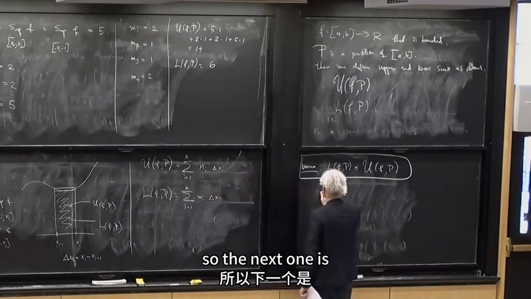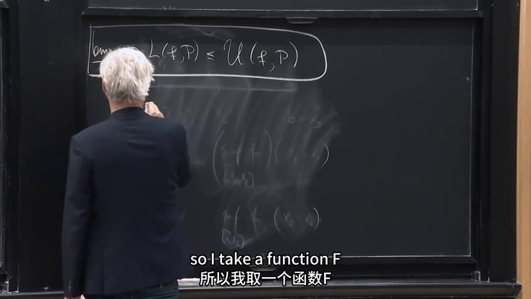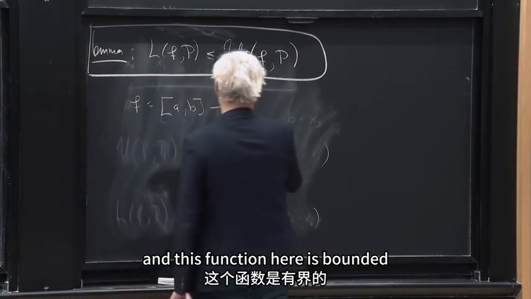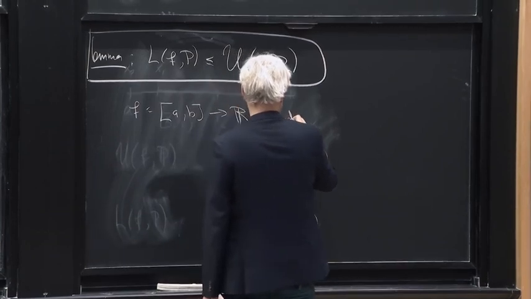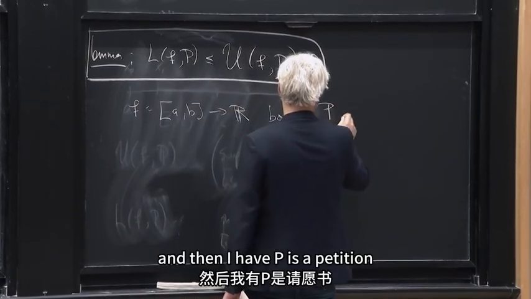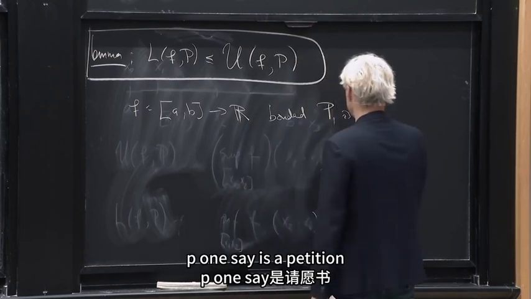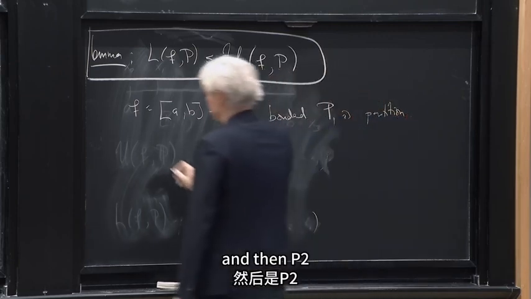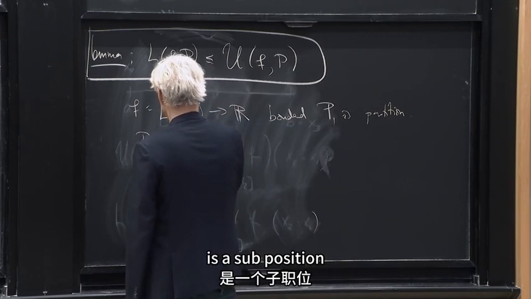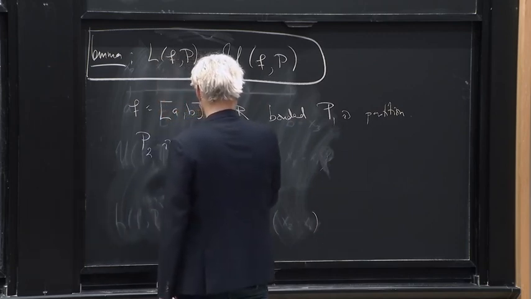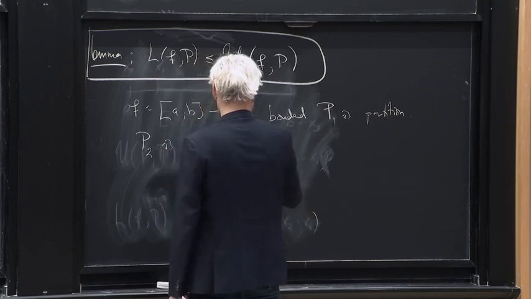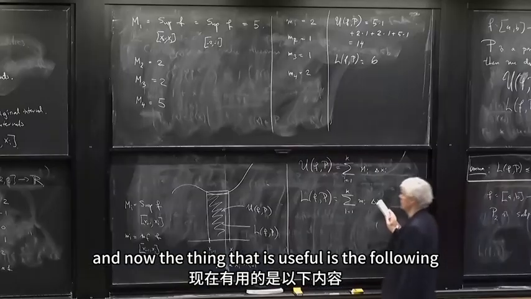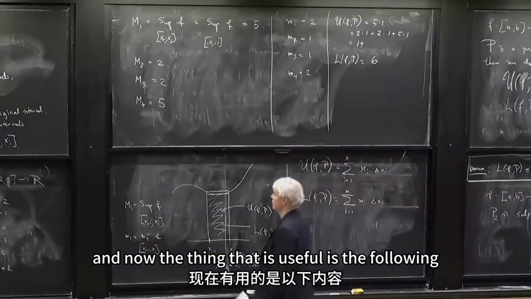So the next one is: I take a function f on some interval from a to b, and this function is bounded. And then P1, say, is a partition, and P2 is a subpartition of P1. And now the thing that is useful is the following.